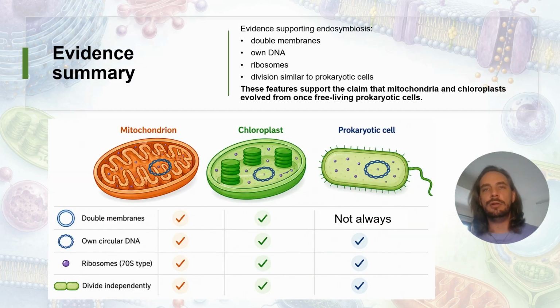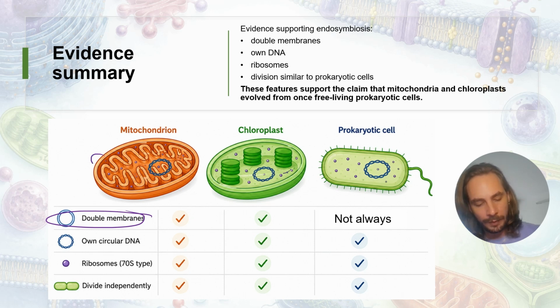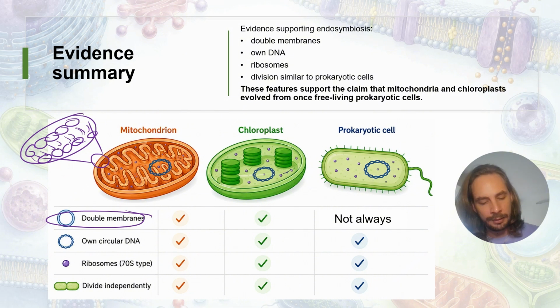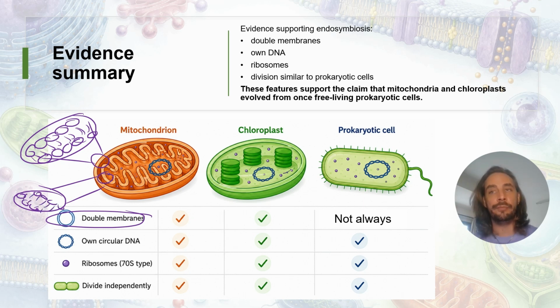Okay, let's do a quick evidence summary of everything that we've learned. The evidence that supports it is that they have double membranes. What these double membranes mean is that they have an outer membrane, which is a phospholipid layer, and an inner membrane that is also a phospholipid layer.